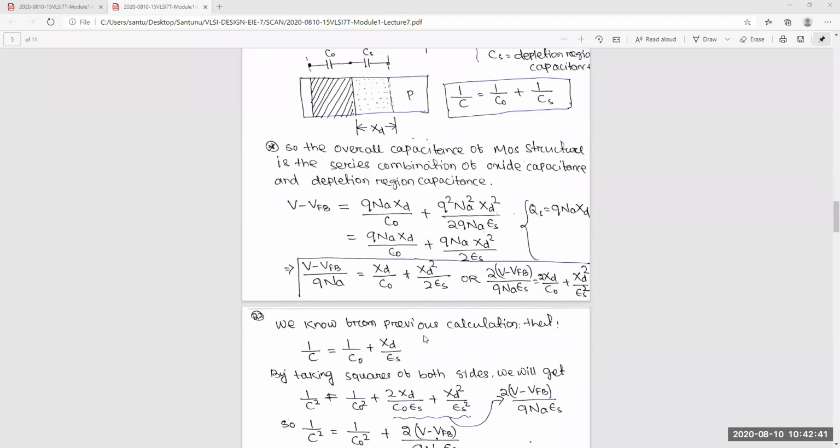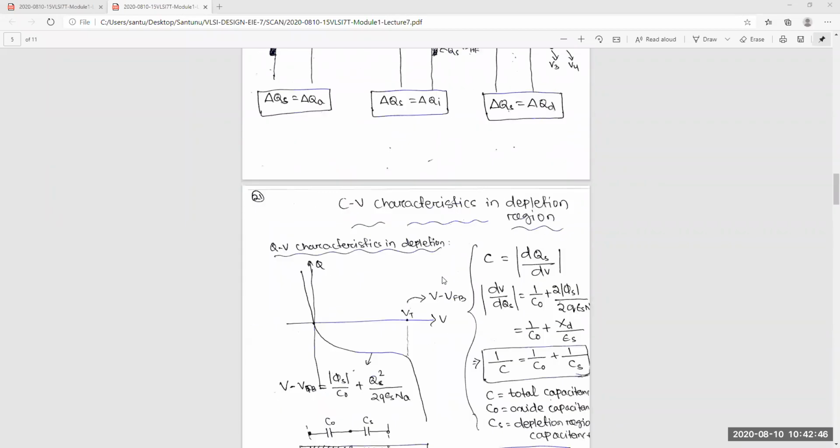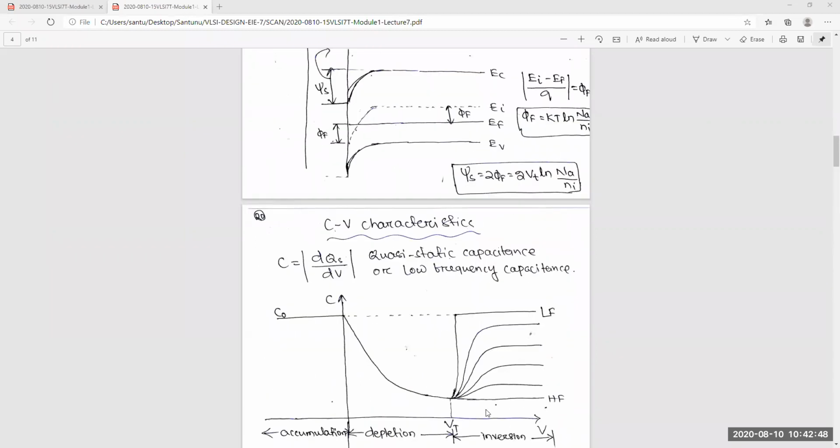So now, in the last class, Pracheta asked why at high frequency it is constant at a minimum level, but at low frequency it increases and is constant again. Is that your question, Pracheta?